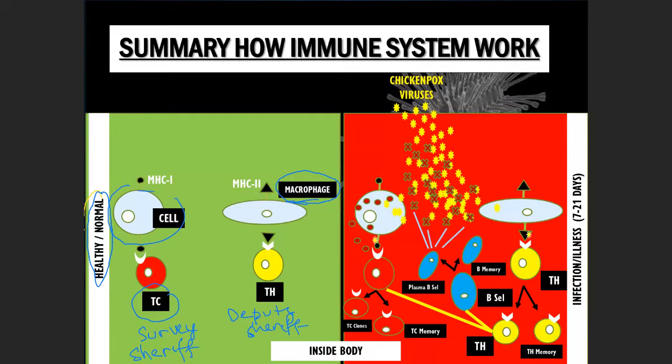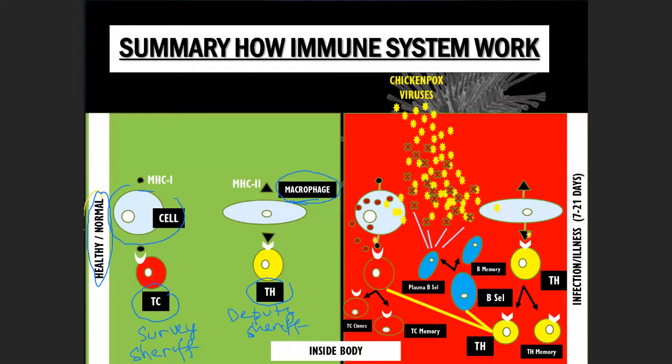So all cells will be surveyed by TC, while macrophages or phagocytes will be surveyed by the T helper. So this is the normal condition, there is nothing, so it will be okay. It's just survey and check, just like the sheriff and deputy sheriff survey the community and if nothing happens, they say, okay, have a good night, and you say goodbye.